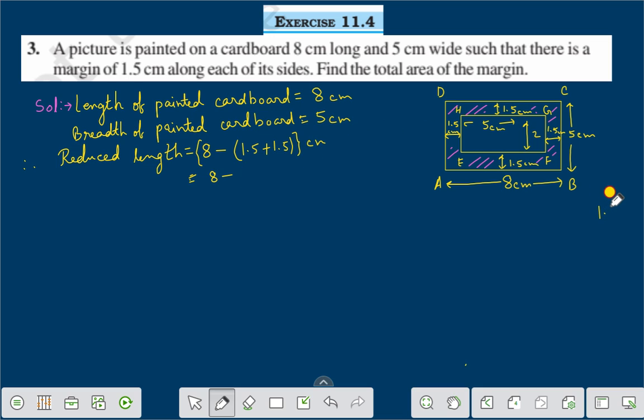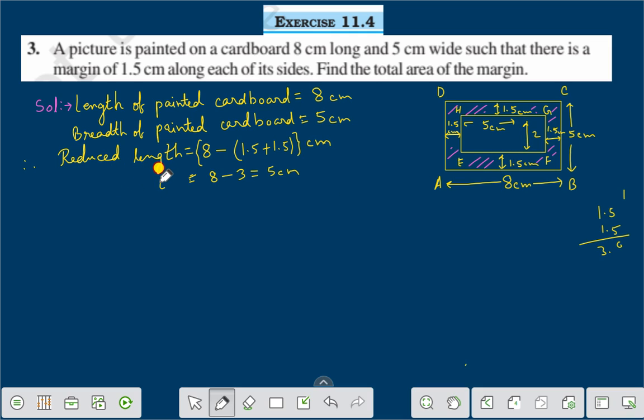Adding 1.5 plus 1.5 gives 3. 8 minus 3 comes to 5 centimeter. And that is the value of EF, reduced length EF.